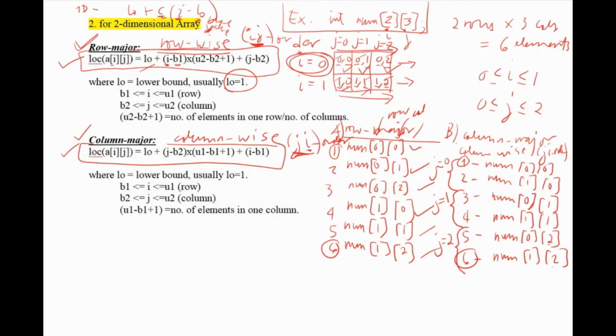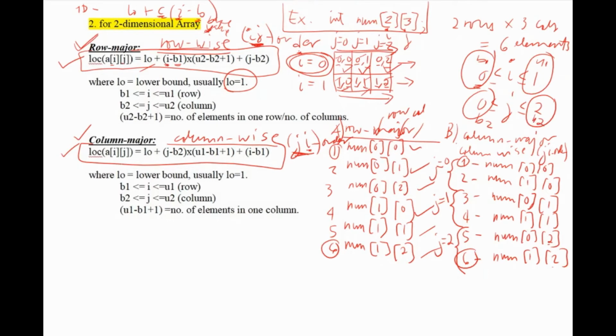What is the base of I in our example? The base of I is 0. This is our B, which is equal to 0, and u is equal to 1. But since there are now two indices, I and j, we denote this as b1 and this one as u1. And for the column index j, the base is denoted as b2 and the upper value is denoted as u2.